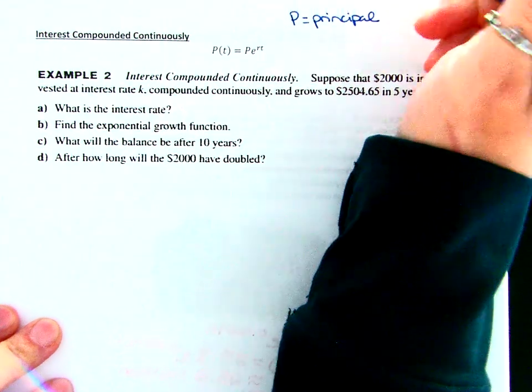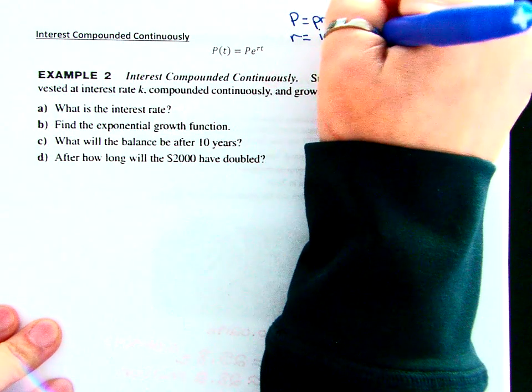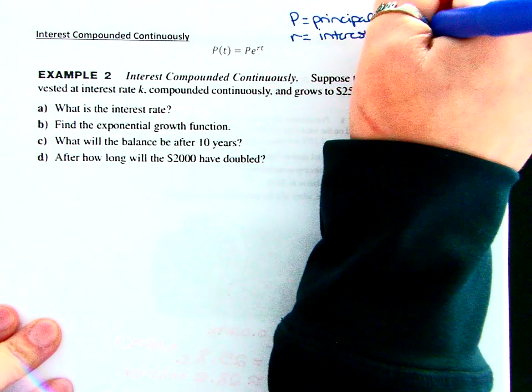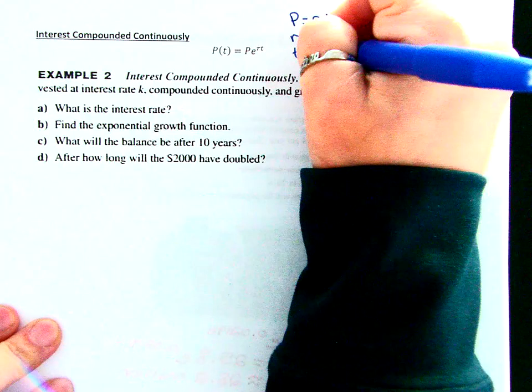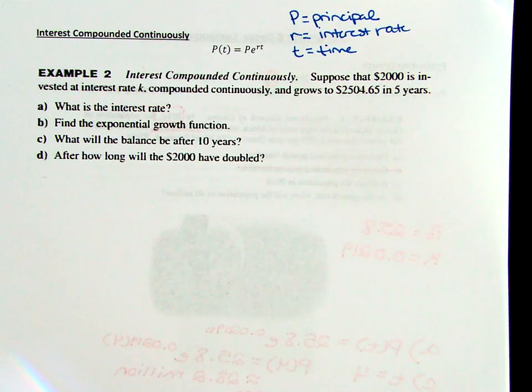The R is your interest rate. And your T is your time. A lot of times you'll hear this be referred to as PERT because it looks like PERT. P equals E to the RT. This is specifically for compound interest where it is compounding continuously.